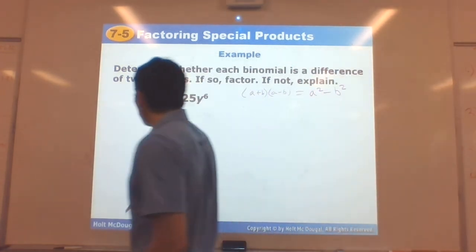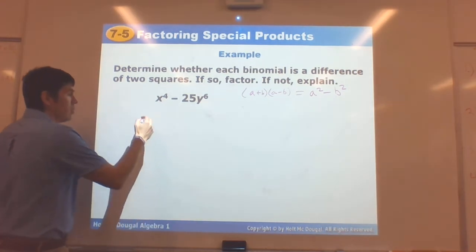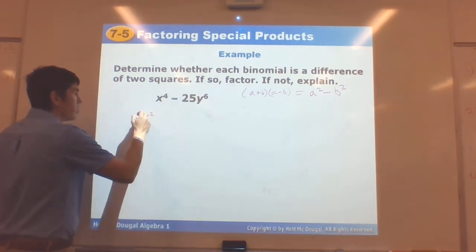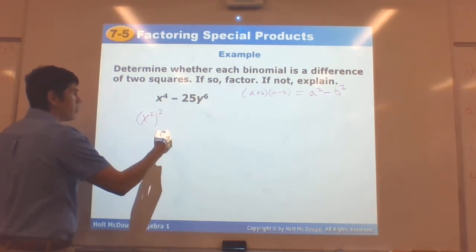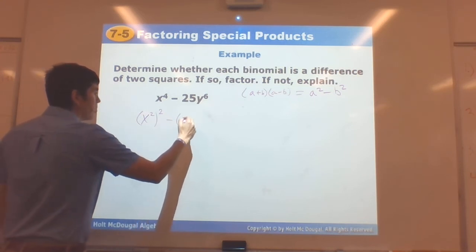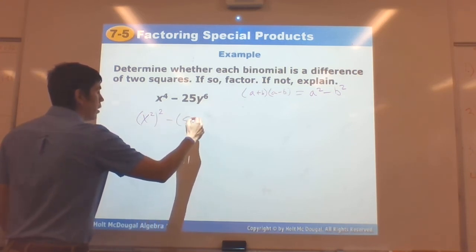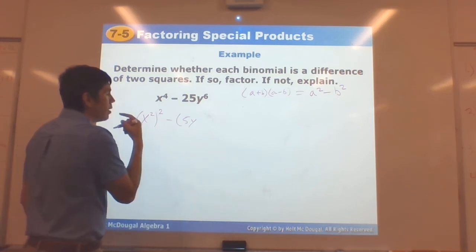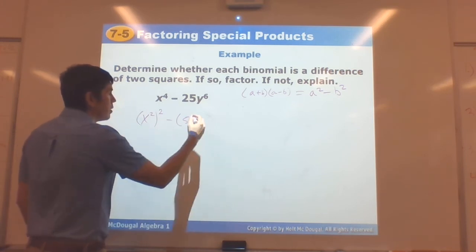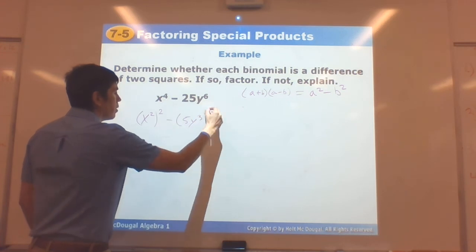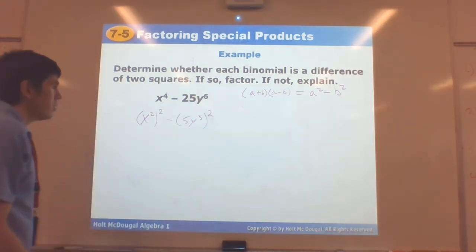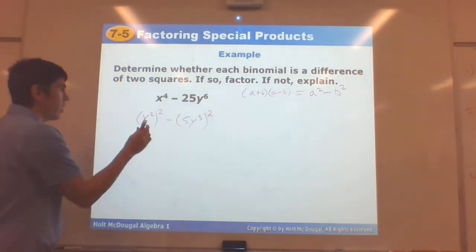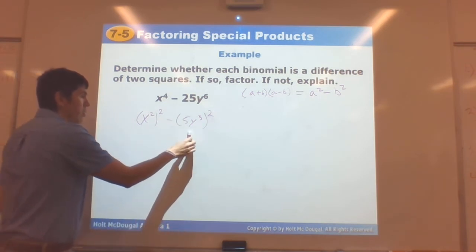Well, is x to the 4th a perfect square? The answer is yes, because x to the 4th can be written as x squared, squared. And this guy over here can be written as 5y, squared. So we do have a perfect square here, and we do have a perfect square over here.